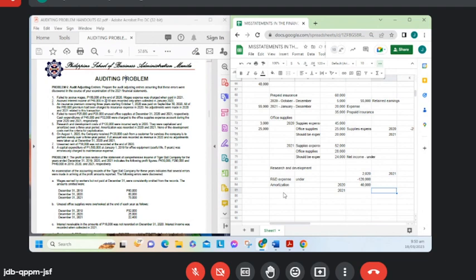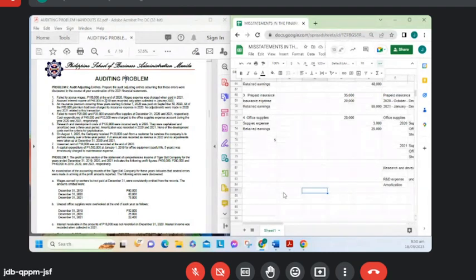there's another amortization. But this time, this amount is considered as an overstatement in expenses, resulting to understated net income.